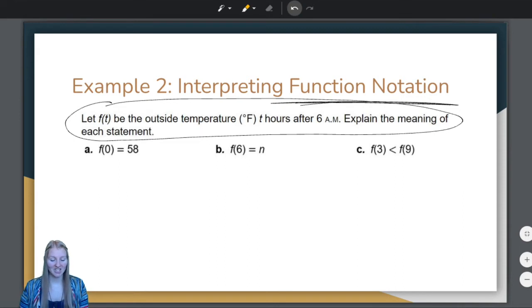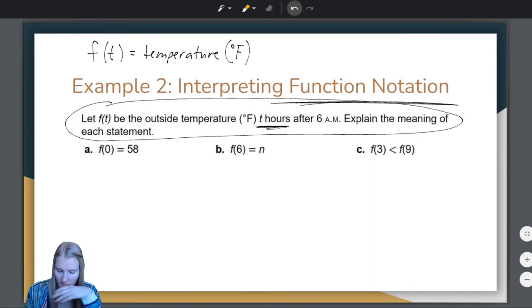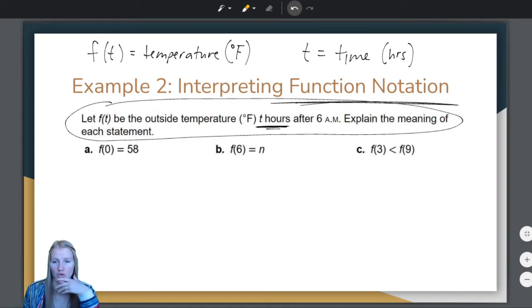So let f of t, so f is the name of a function, and t is the number of hours. Okay, so the function f of t is the temperature in Fahrenheit. t is time in hours.